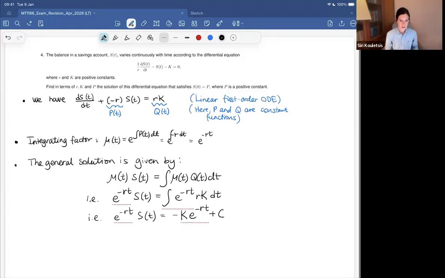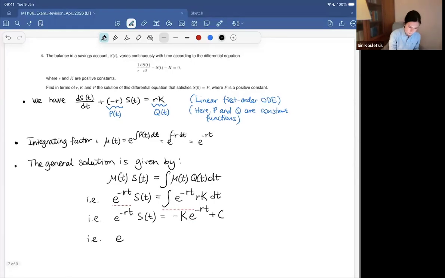And now we can multiply both sides by e to the rt so that we make s of t the subject. And c is some arbitrary constant.